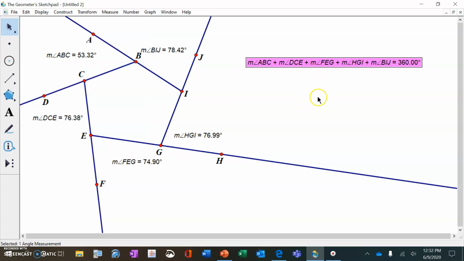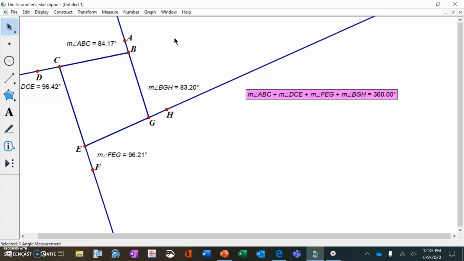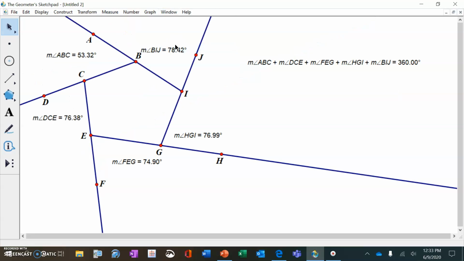Not 540 at all. 360. So let's go back to this first. When I had a four-sided figure, the exterior angles had a sum of 360. When I have a five-sided figure, the exterior angles were 360 degrees.